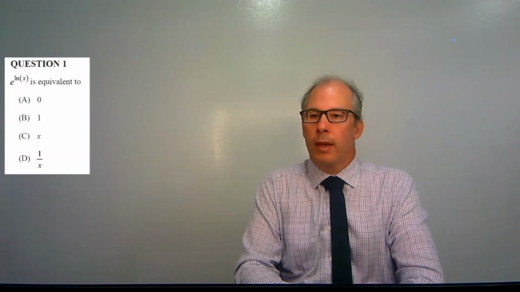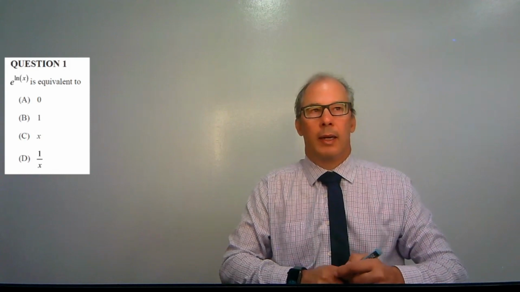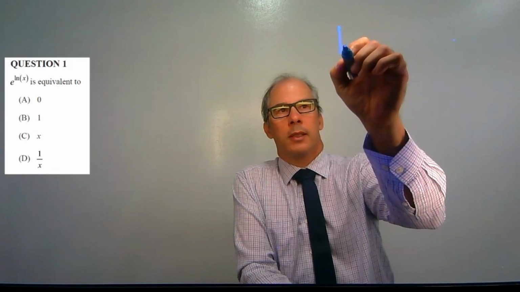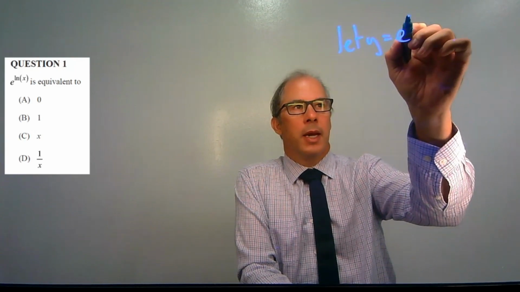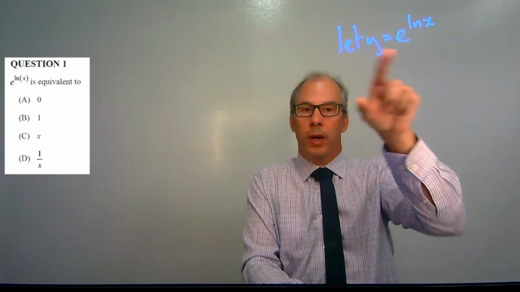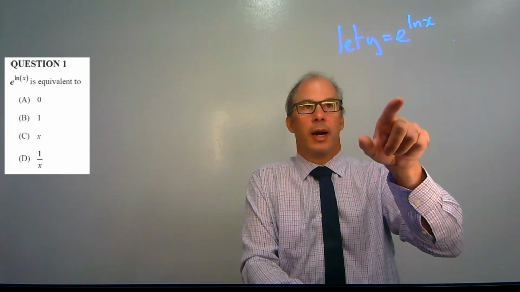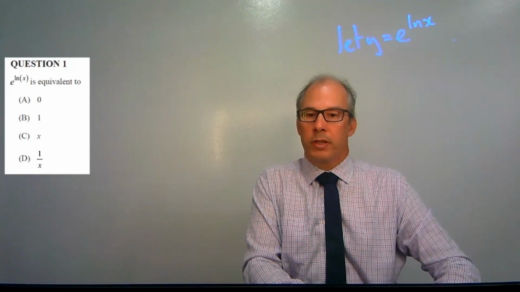Question 1, e to the ln x is equivalent to. I started by saying, well, let's let y equal e to the ln x. Now there's a couple of ways I can go from here. I can either rearrange this into log form, or I can take the log of both sides.